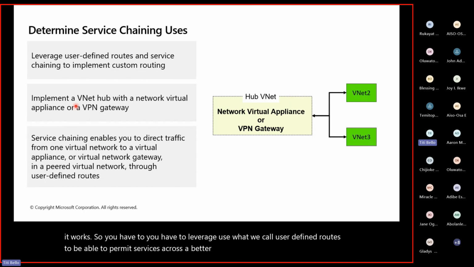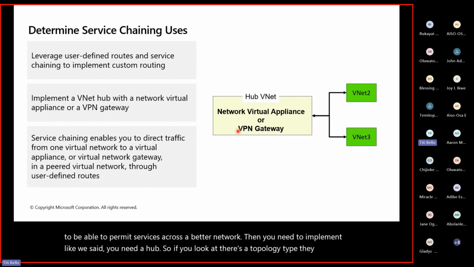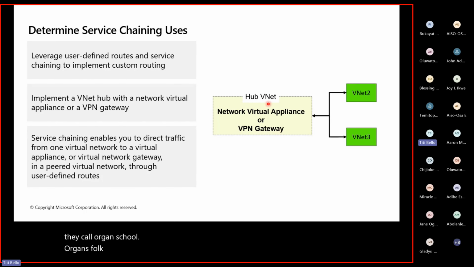Then you need to implement, like we said, a hub. There's a topology type they call hub and spoke. Hub and spoke is a situation where you have, let's take it like the primary data center, and you now have your branches. So now people in branch A need to access a resource, a server that you set up in branch B. There's an application that they are supposed to all be sharing.